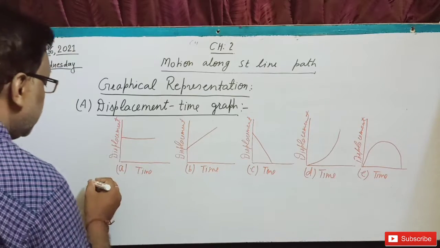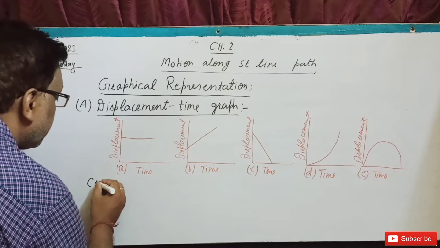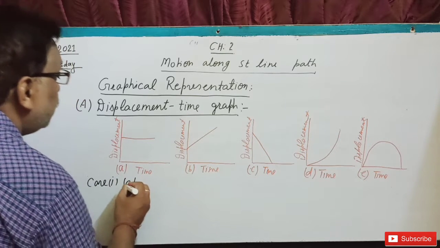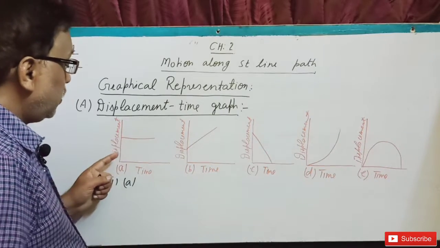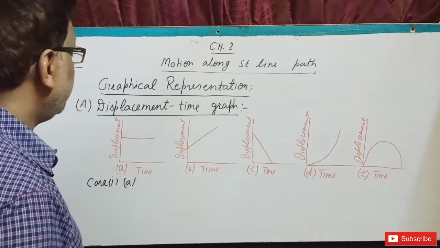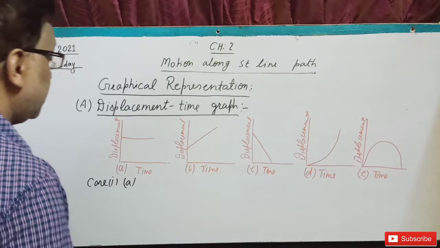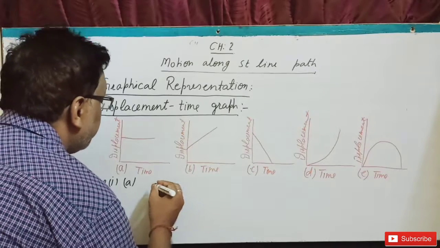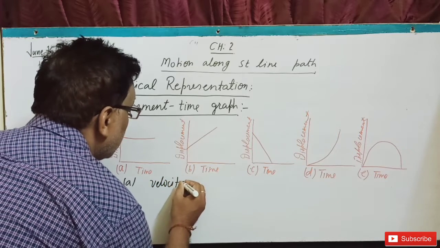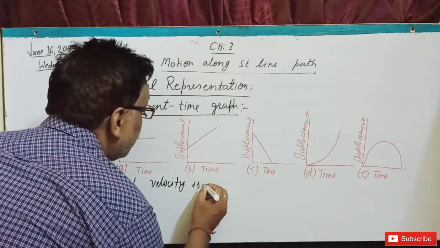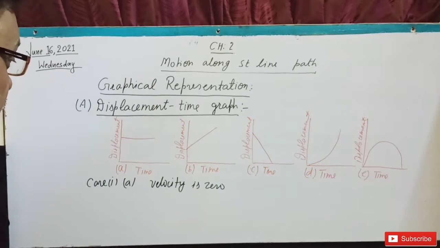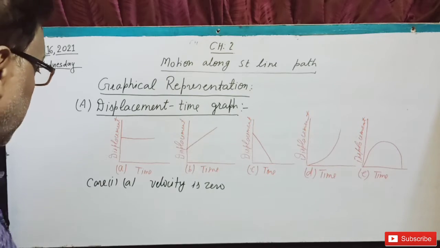Here, in the first case, A, the slope is parallel to the time axis. It means the velocity is 0. Velocity or speed is 0 along this.